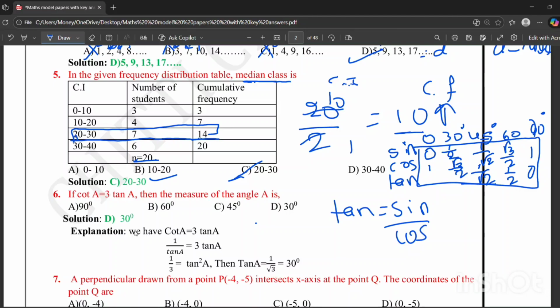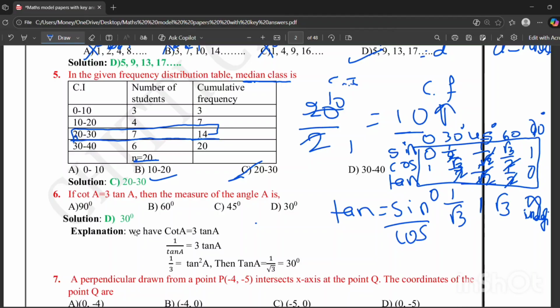Do sine by cos. 0 by 1 is 0. 1 by 2, the 2 gets cancelled. Our answer is 1 by root 3. And here 1 by root 2, 1 by root 2 cancel. Our answer is 1. So root 3 by 2, here 1 by 2. The 2 gets cancelled. Our answer is root 3. And 1 by 0 is infinity. It is undefined.